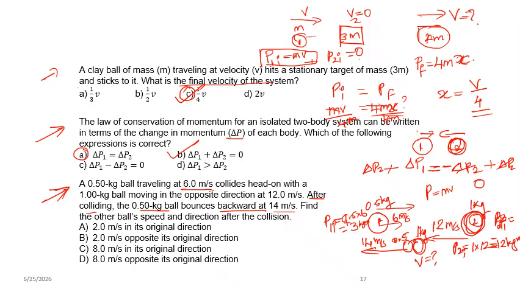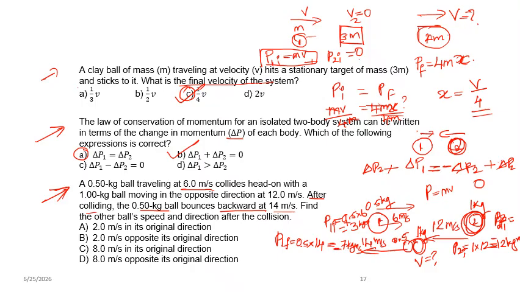Look, P1 final: mass is 0.5 multiplied by 14, so you get 7 kilogram meter per second. But this ball is returning, so the velocity will be negative, and as a result we will have a negative momentum.